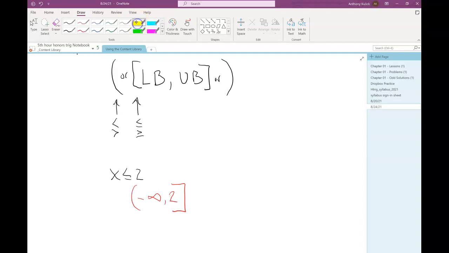So here, our set is x's. So we would say x is a member of that set. That symbol is like an E, but instead of having corners, it's just rounded. It just means that it's a member of that set, because an interval is describing a set of numbers.